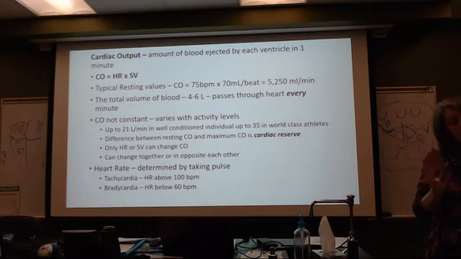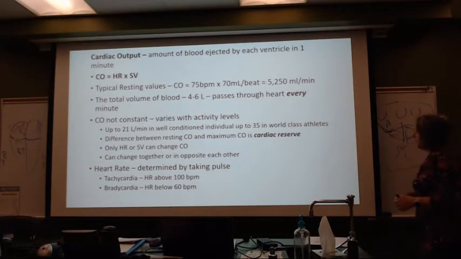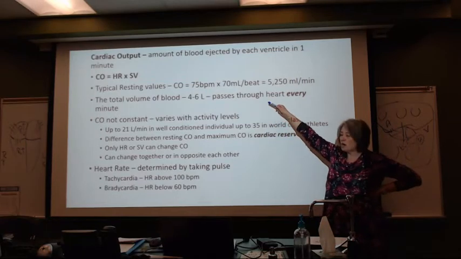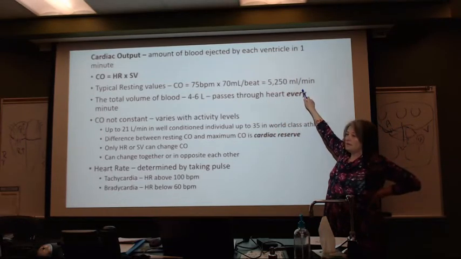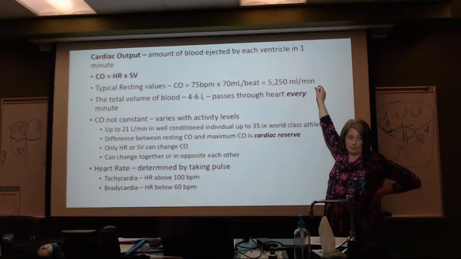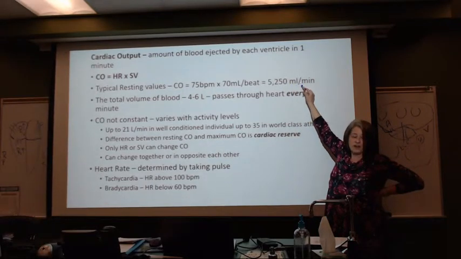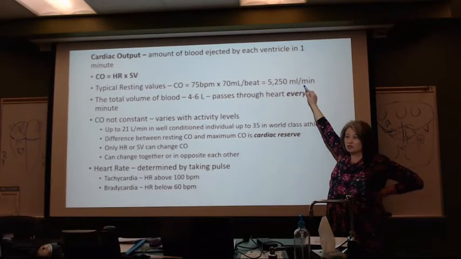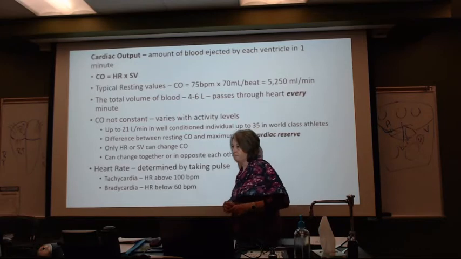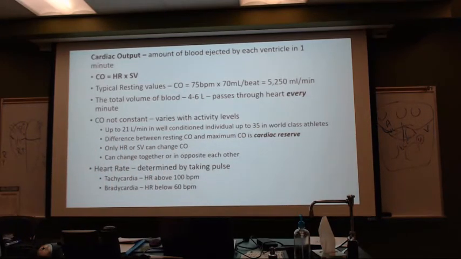It's going to be a little more or a little less based on some other volumes, but under the norm, for a minute's time, our heart is moving over 5,000 milliliters of fluid.